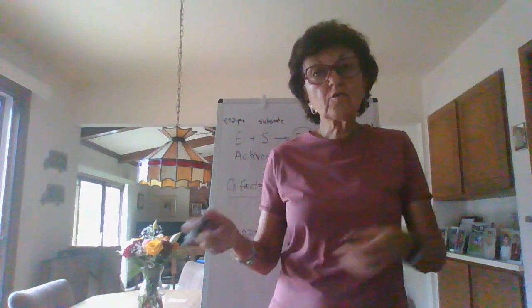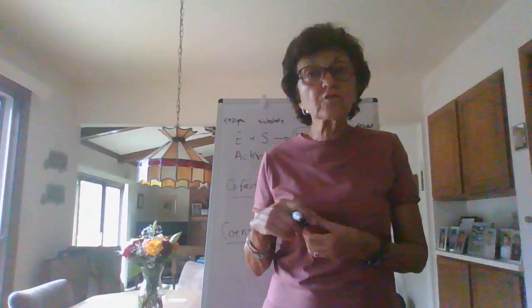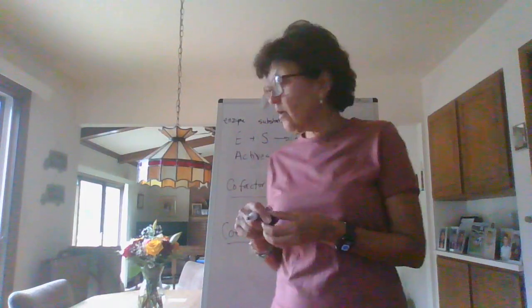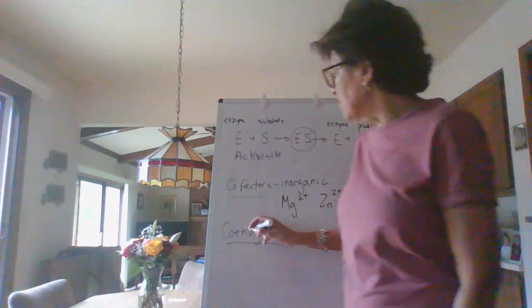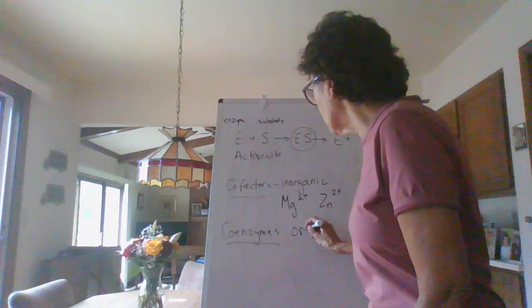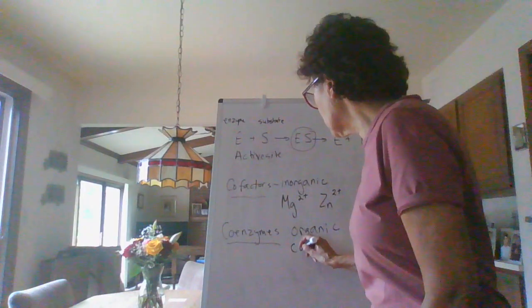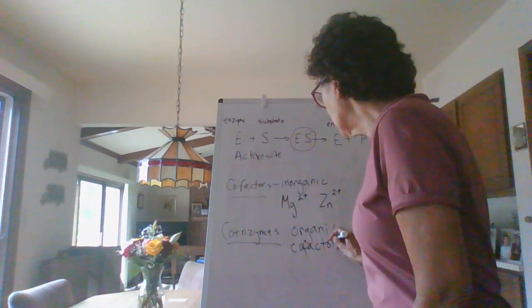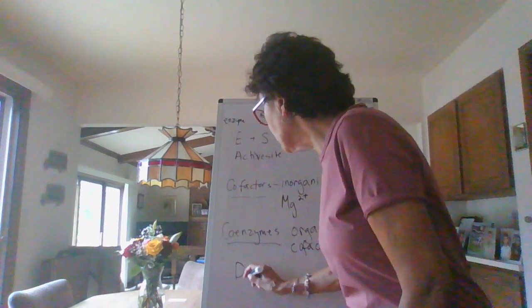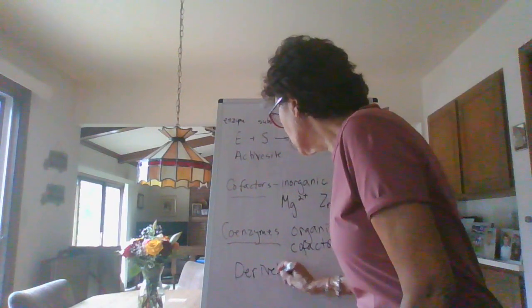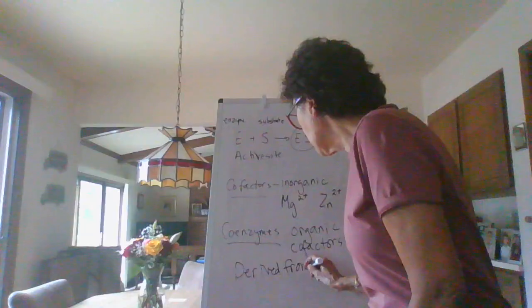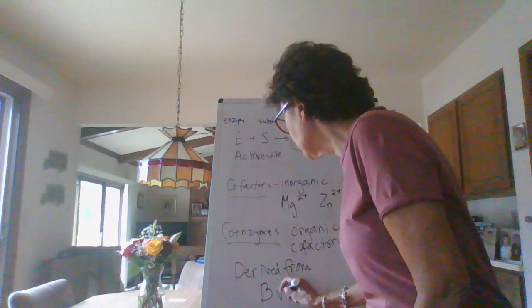Okay, so you do need those cofactors for some enzymes. Now, the word coenzyme, these are organic cofactors. These are organic cofactors, and these are all derived from B vitamins.